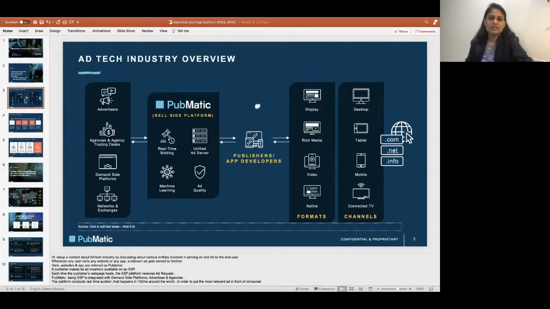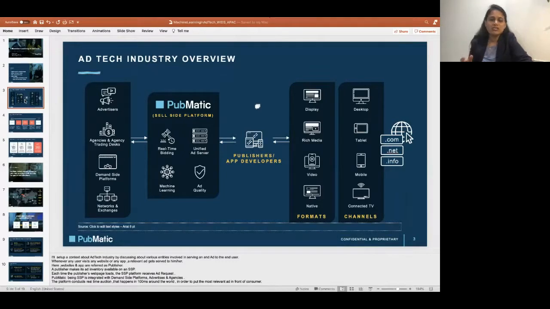So in this section, with the help of this diagram, I will be creating a context about how an ad tech industry works, how an ad gets served, by taking you through the various entities which are involved in serving an ad. So initially, when any user visits any website or an app, a relevant ad gets served to him or her.